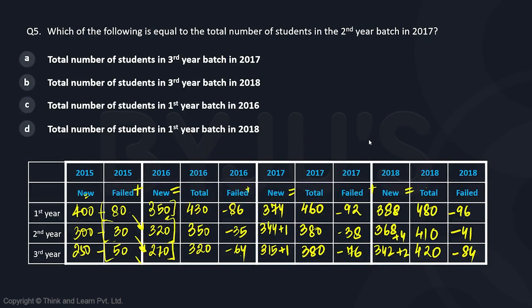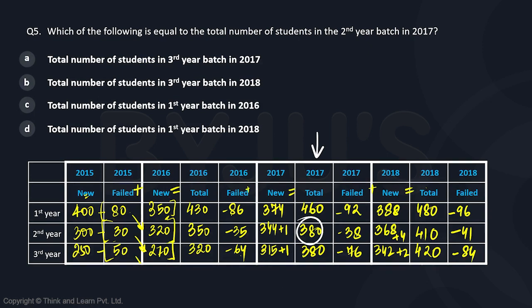Question number 5. Which of the following is equal to the total number of students in the second year batch in 2017? So let's go to 2017. Second year batch is 380.